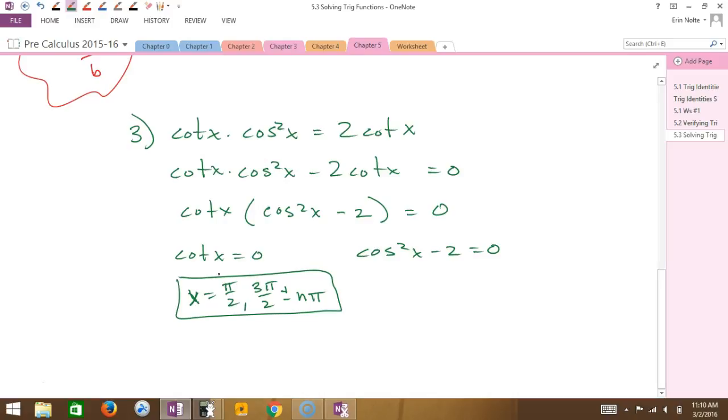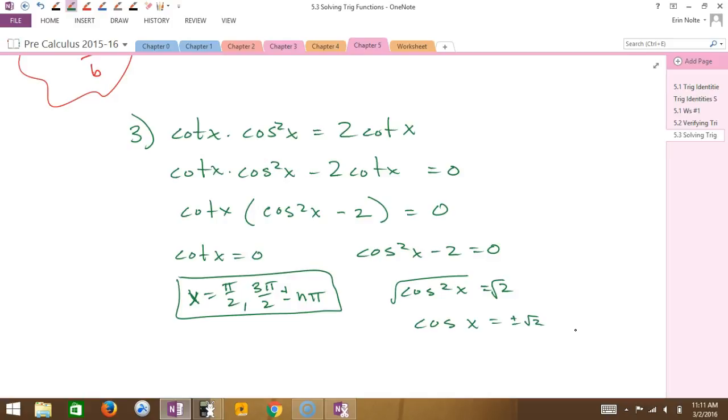Okay, so now we're going to solve the cosine squared minus 2. So what do I do here? So add 2. And then what? Square root 2. So I have the cosine of x is equal to a plus or minus square root of 2. That's interesting. So cosine is which variable on our unit circle? The x.